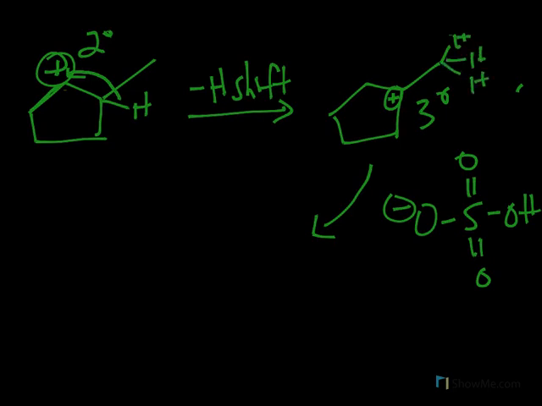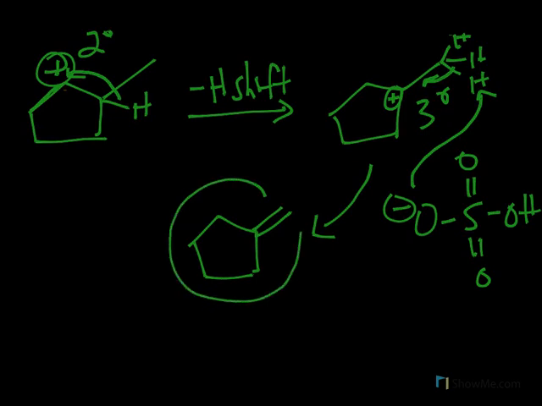So you grab one of those protons, and the bond from any one of these protons is going to collapse onto these two carbons right there. And what you're going to find is that you get this product right there. Okay, so that's how you get that third product right there.